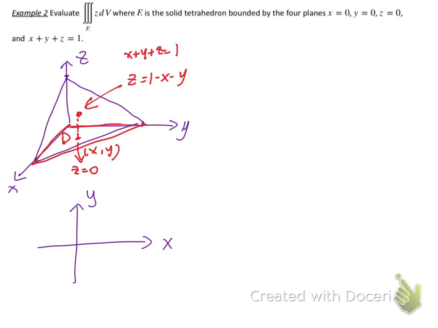The triangle is between the origin, 1, 0, 0, and 0, 1, 0. But when you are on the xy plane, you lose the z coordinate. So you are in this region. That's your D.